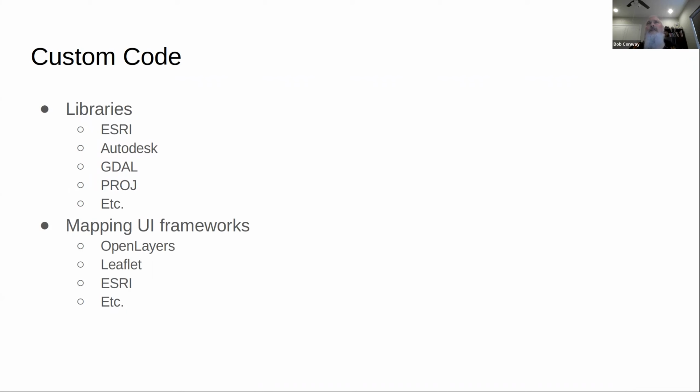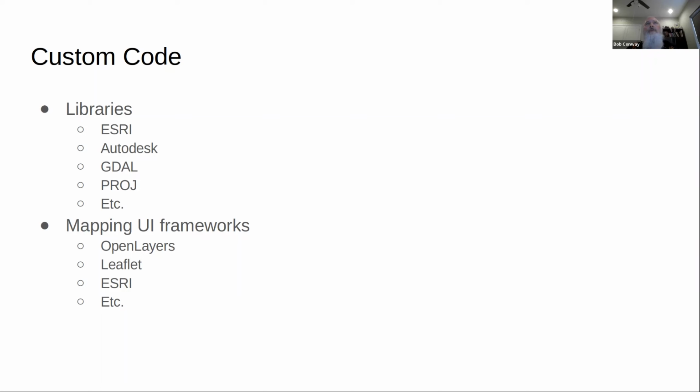You can always write custom software to read and write just about any spatial data format you could ever imagine. There are many code libraries, both open source and proprietary, to help you do this. Both Esri and Autodesk provide APIs for their tools and data formats. Open source libraries include the Geospatial Data Abstraction Library, or GDAL, the Proj library to support spatial reference system reprojection, and more.